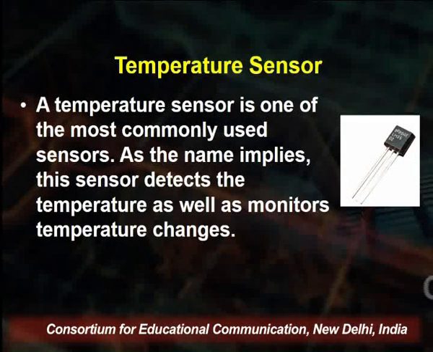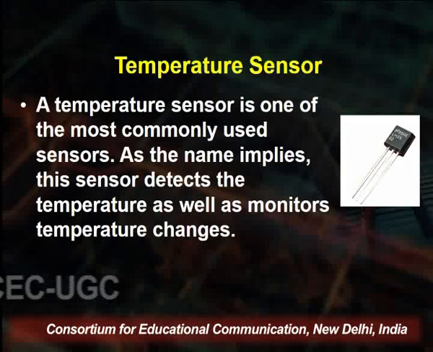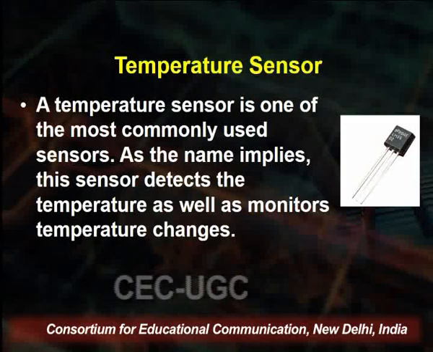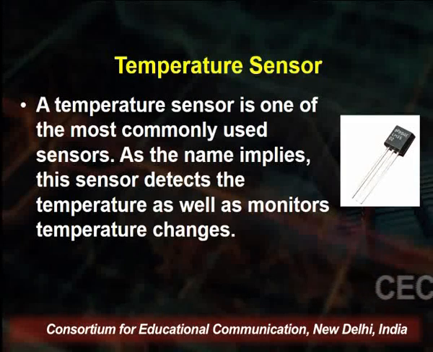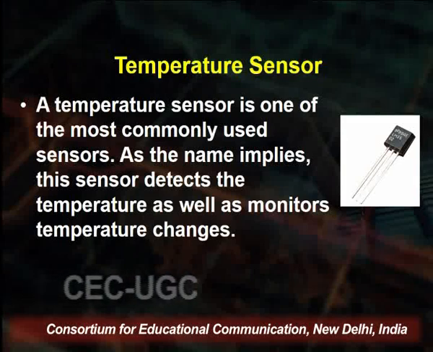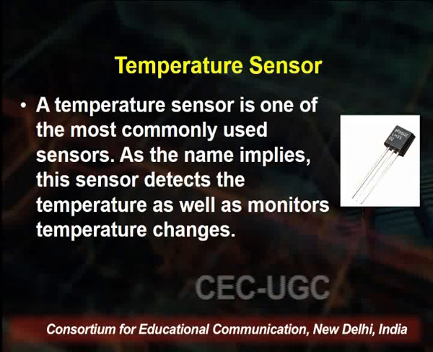First is the temperature sensor. As the name suggests, it measures the temperature. You see on the screen a chip or a small device that works as a sensor. The temperature sensor is one of the most commonly used sensors, and the name implies its function. The sensor will detect the temperature as well as monitor temperature changes in the atmosphere or in any system.